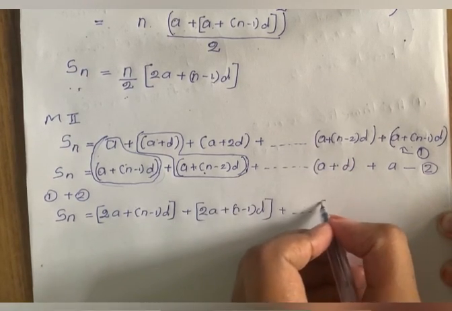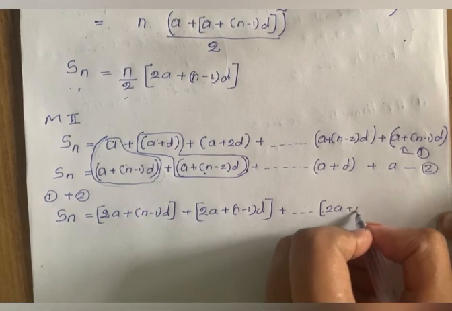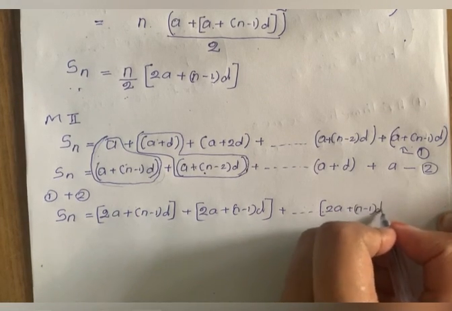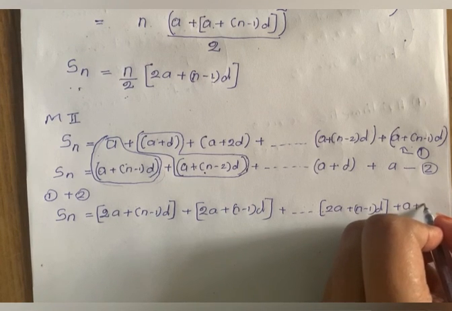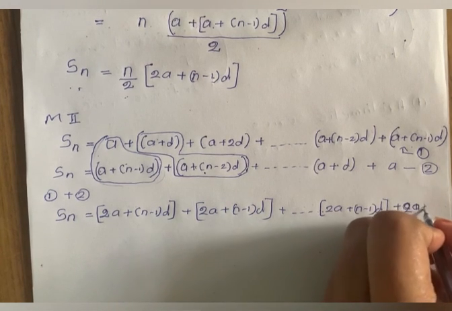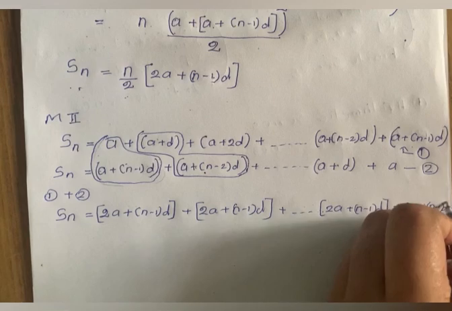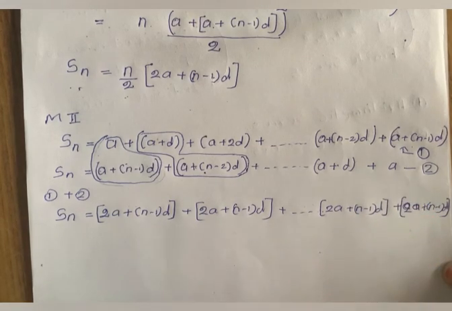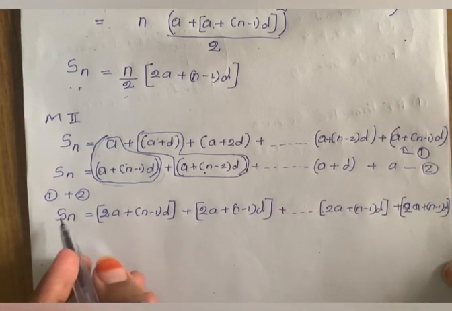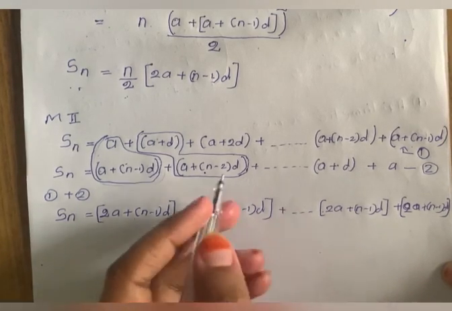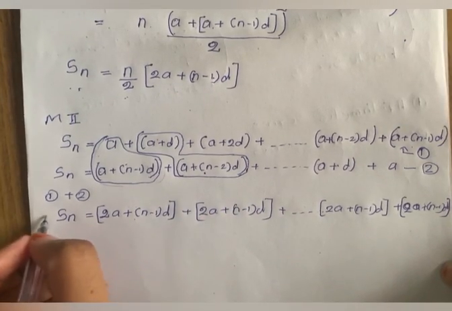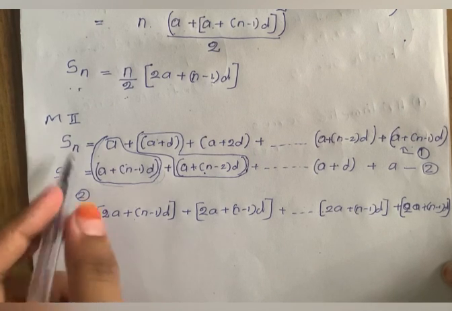If you add the last two together, you will get the same expression, 2a plus n minus 1 d. Sorry, I forgot to put a 2 here.